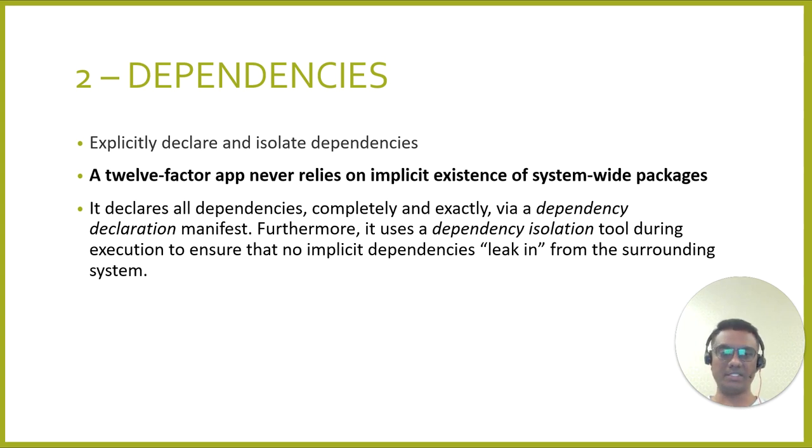If we are using a Java application, we could use a package management tool like Gradle to package our entire project into one executable jar or war file, and the dependencies could be defined in a manifest file so that it is readable and portable. So dependencies should be explicitly declared as well as isolated. This is the second factor, which is dependencies.